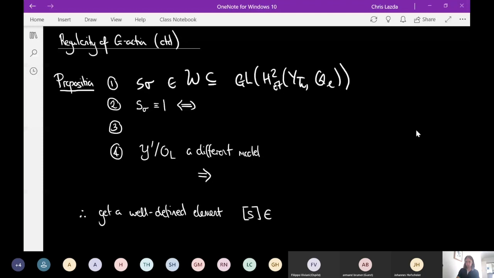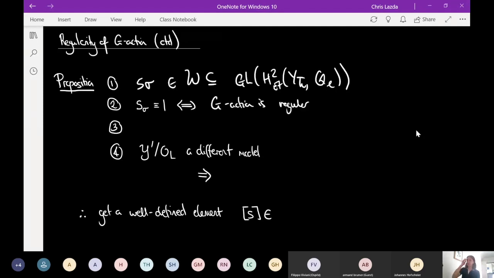And what you can then show is that this mapping has the constant value 1, so that S sigma is identically 1, if and only if the G action is regular.